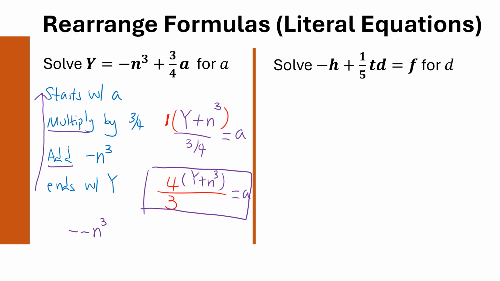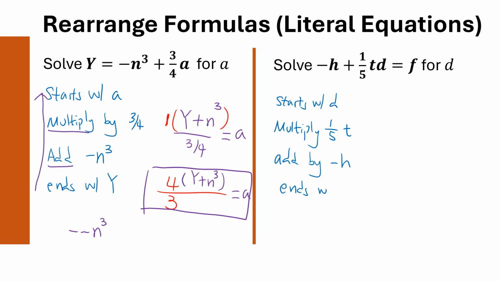For our next equation, we're solving for d. So we're going to start with d. And d is being multiplied by 1/5 t, and then added by negative h, and then it ends with f.